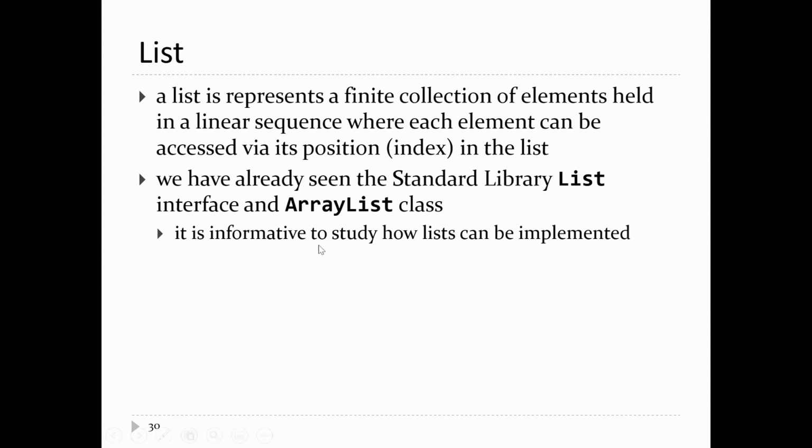But it's useful to know how these lists are actually implemented so that you really understand when and how you should use the different types of lists. The linked lists are important because many of you will end up taking the C course, and in the C course, you'll have to deal with linked data structures. Similarly, in your algorithms course and in your data structures course, you'll end up working with a lot of linked data structures.